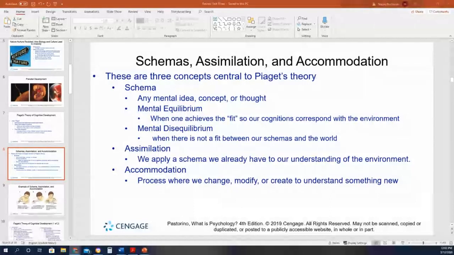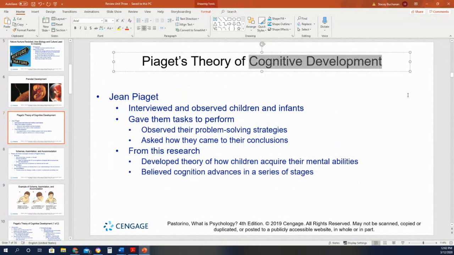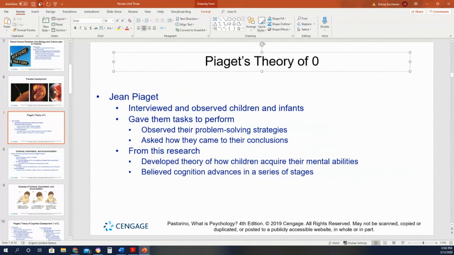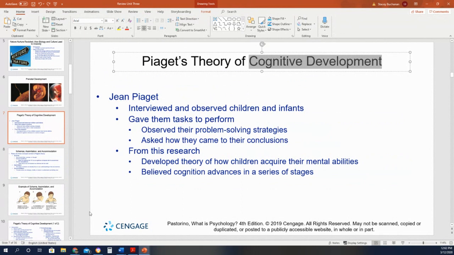As we discussed in class, he was a Swiss psychologist who used his own children, for the most part, to conceptualize and create his stages of development. One key thing to note is these are cognitive stages. So these are all about thought processes, how children develop their thought processes through time. That's something you need to remember.